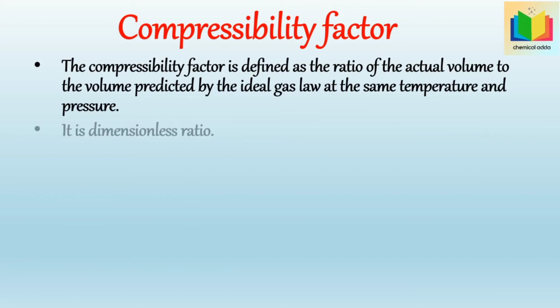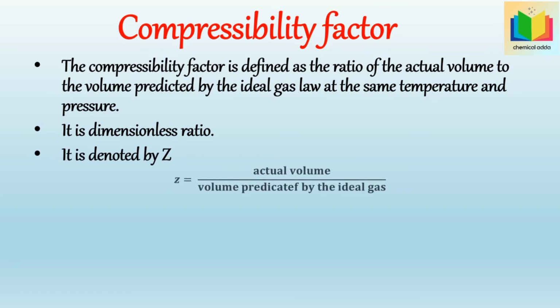It is a dimensionless ratio. It is denoted by Z. Hence, from definition we can write Z is equal to actual volume divided by the volume predicted by the ideal gas law.